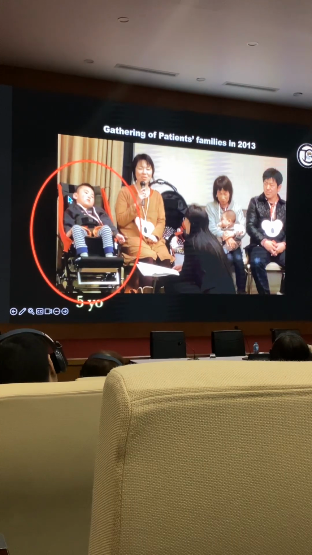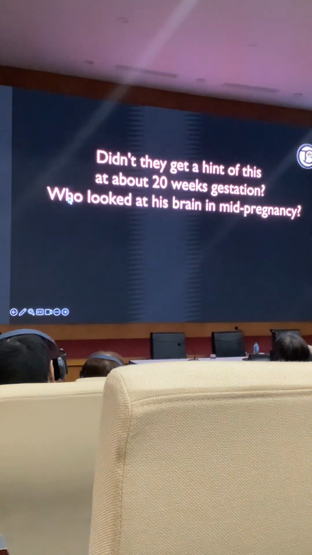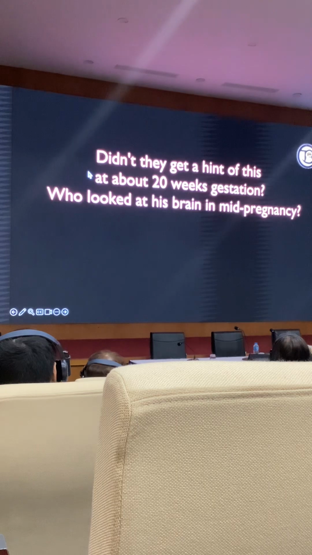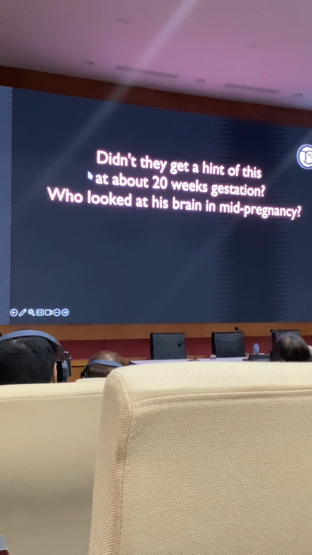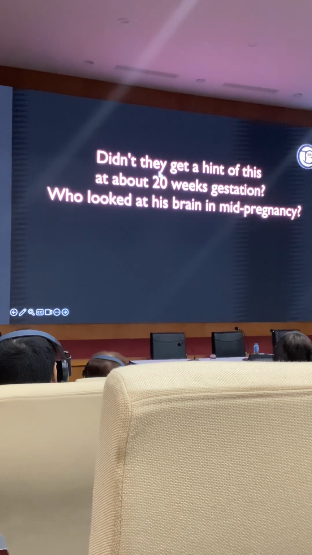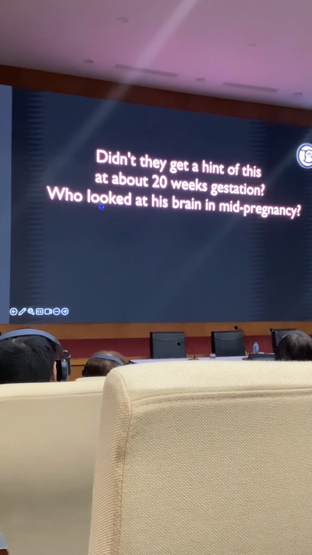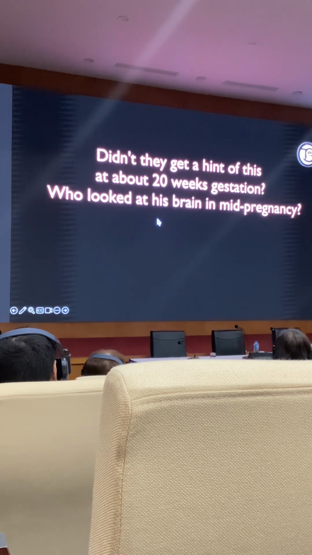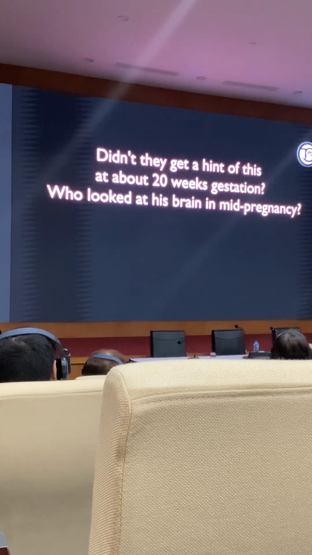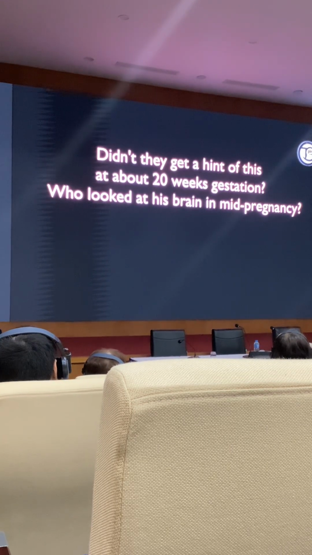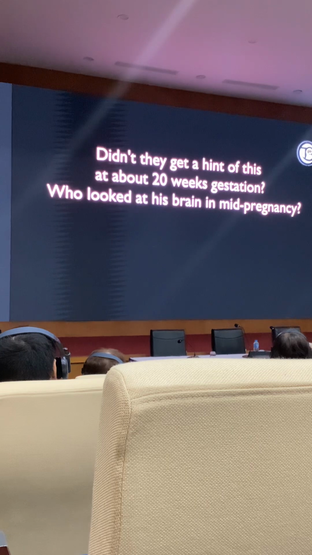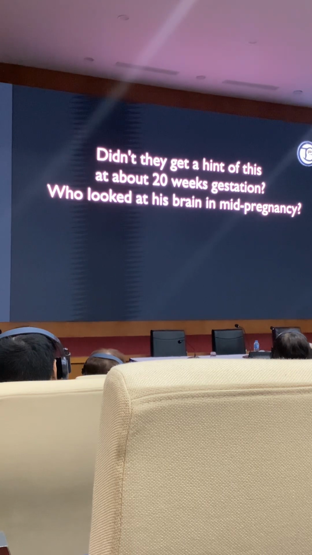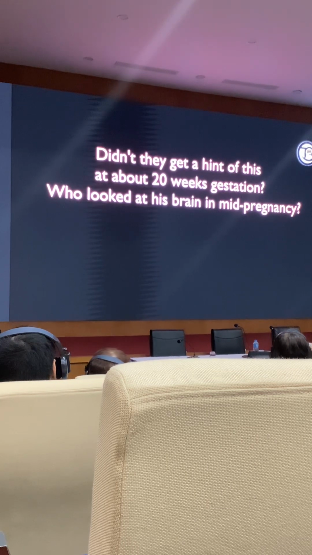And then I thought, they came at 33 weeks of gestation, didn't they get a hint of this at about 20 weeks of gestation? Because I had a part-time job in that hospital, okay? So who looked at his brain in mid-pregnancy? But I noticed that was me.